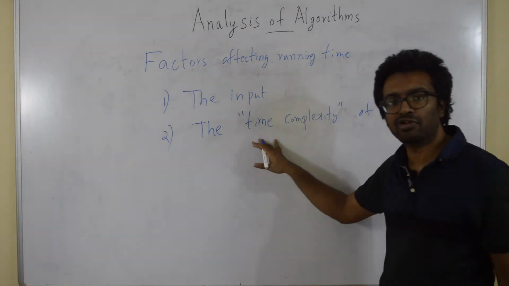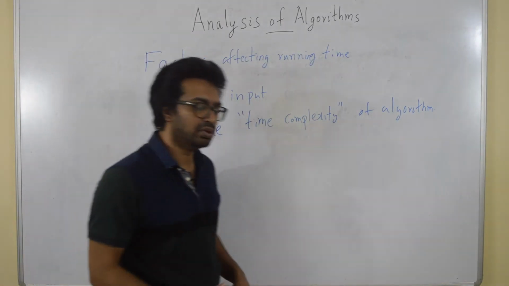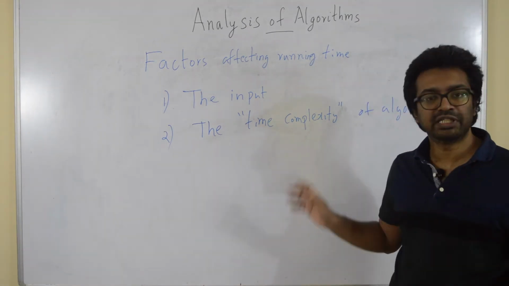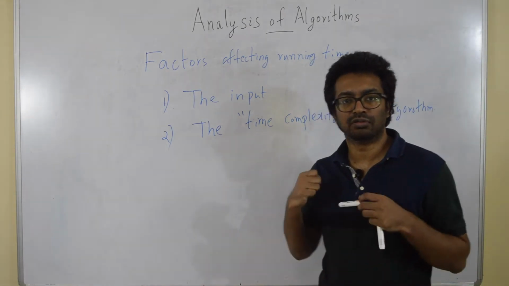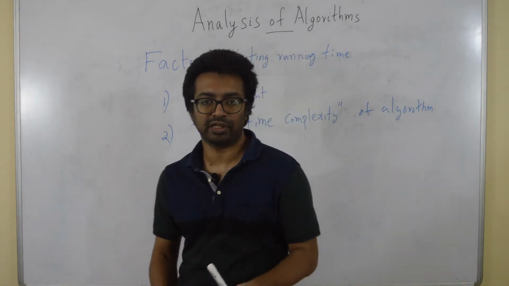We will call this the time complexity of the algorithm, which is something we will come to soon. But this is basically the algorithmic logic, and that is going to massively influence the running time of an algorithm.